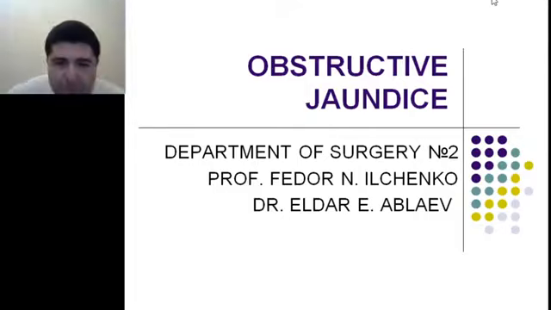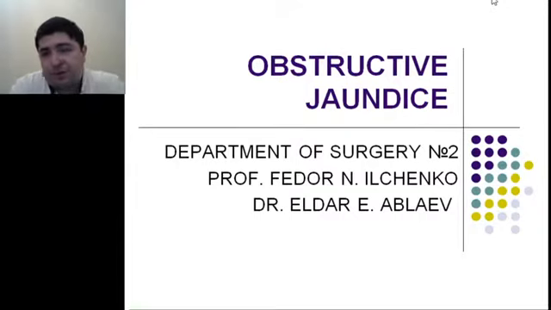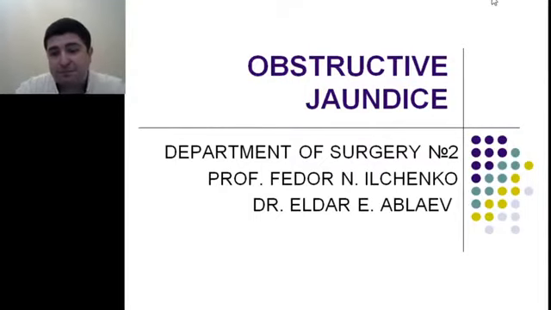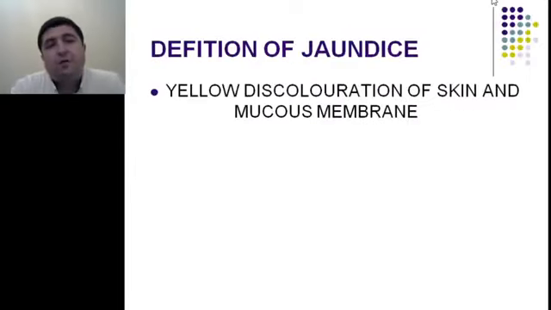It can be a sign of some infection or disease like hepatitis B and C, or other types, and it can be surgical pathology if it is obstructive or mechanical jaundice. As you know, there are three types of jaundice: parenchymatous, hemolytic, and surgical, mechanical, or obstructive jaundice.